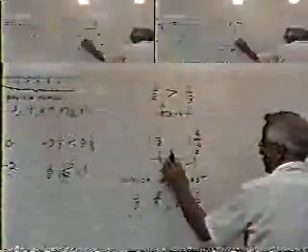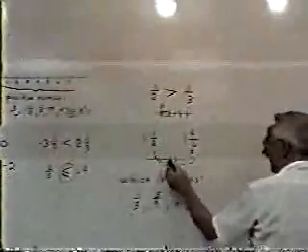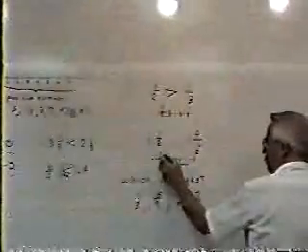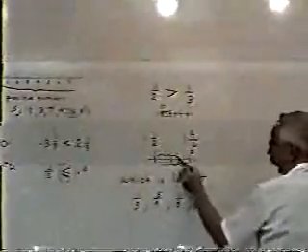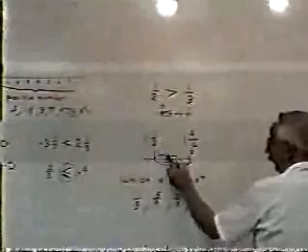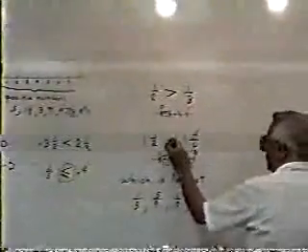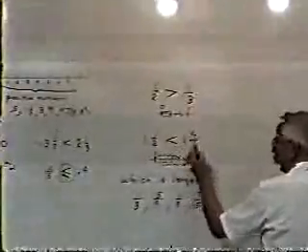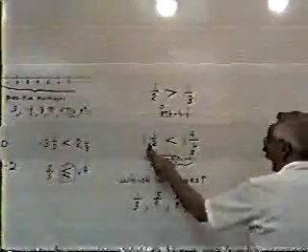Let's see. 1, 2, 3, 4, 5, not equal, but there's 6, and so we're going to go 4 out of the 6. So therefore 4/6 is larger than 1/2. So this would then be 1 4/6 is greater than 1 1/2.